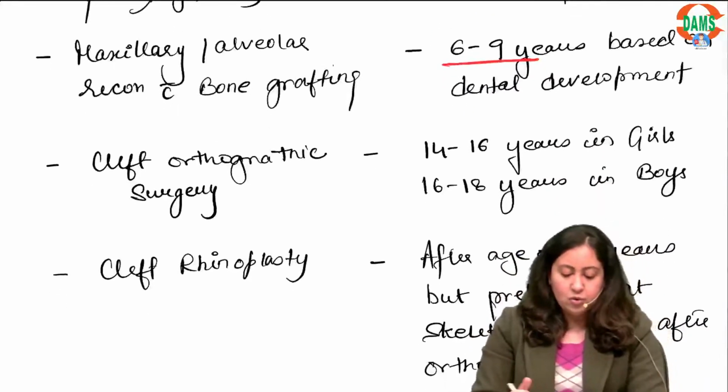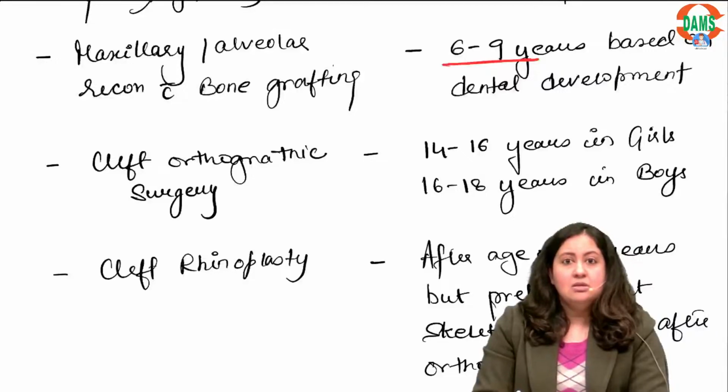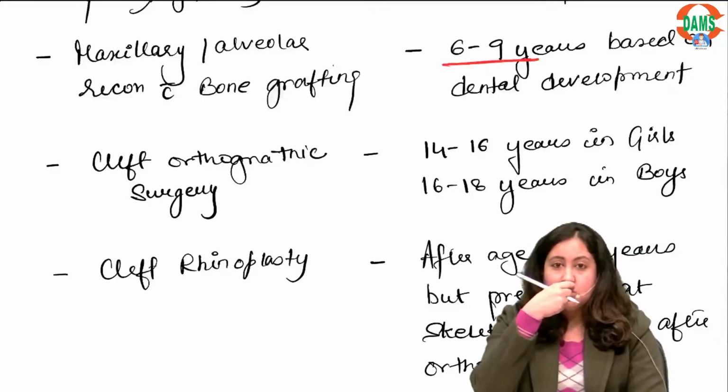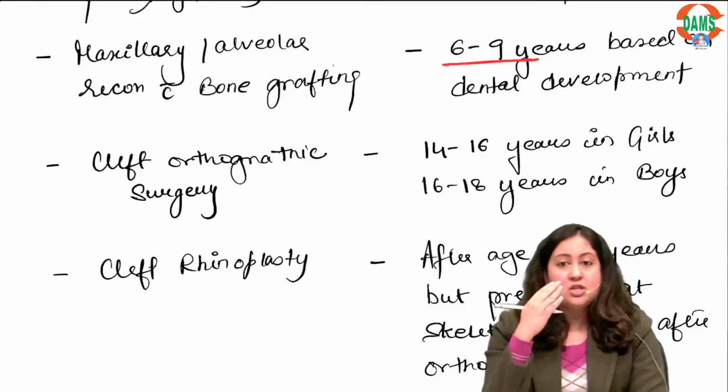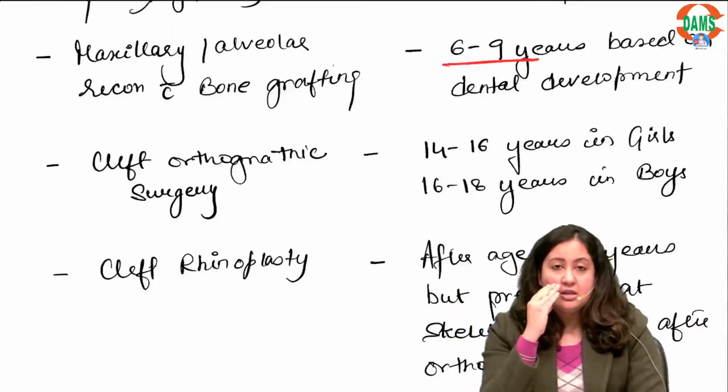Now, cleft orthognathic surgery. All right. So what tends to happen is, especially in cleft palate patients, this maxilla tends to become hypoplastic. So these children usually have a class 3 tendency as they grow through their pubertal growth spurts, because of hypoplastic maxilla.